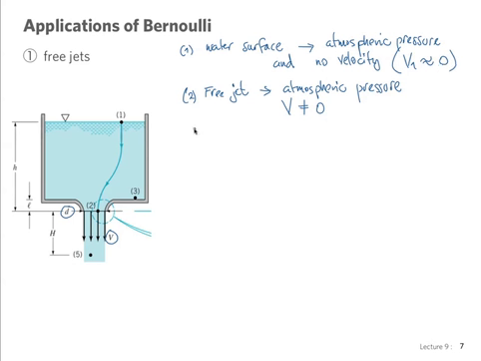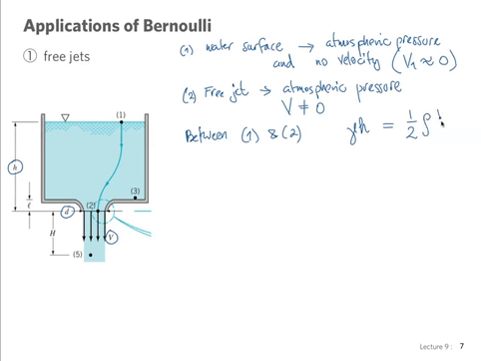And between 1 and 2, all we have is a change in elevation. So we have gamma h, where h is that height between 1 and 2, has to be equal to, all that we have at point 2 is the elevation being converted to dynamic pressure, basically.